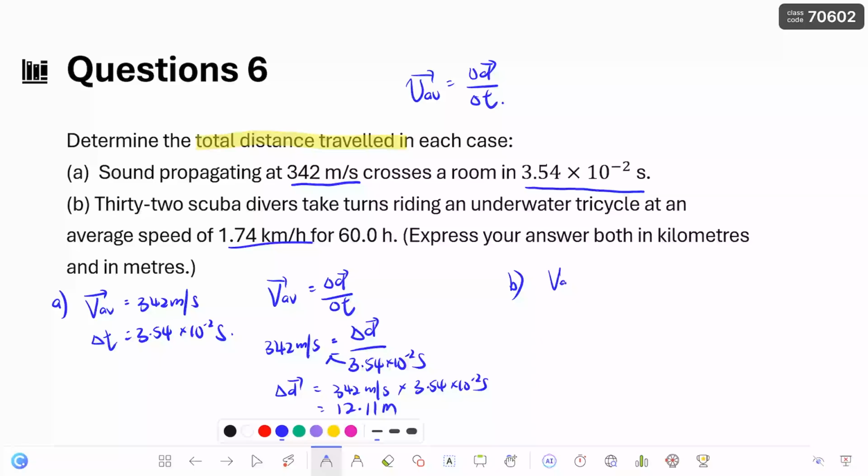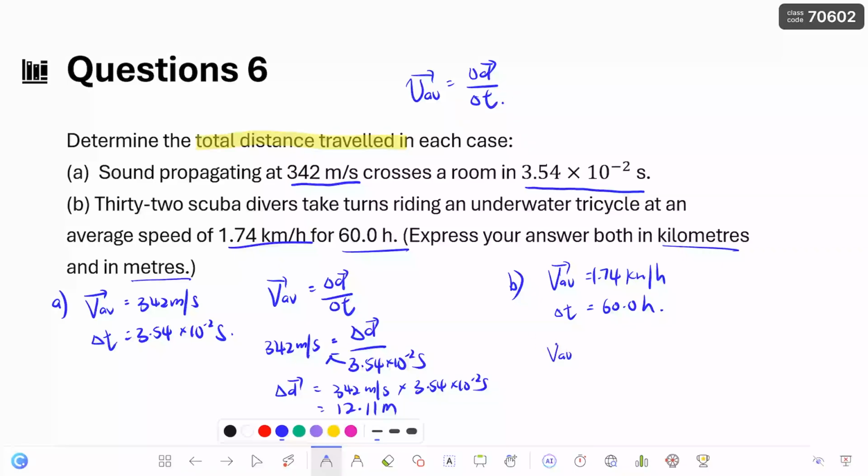So speed is 1.74 km/h, and then we have the time taken, which is delta t equal to 60.0 hour. So we need to find both in kilometer and in meter, and from the formula provided, we can actually find the distance traveled in kilometer first.